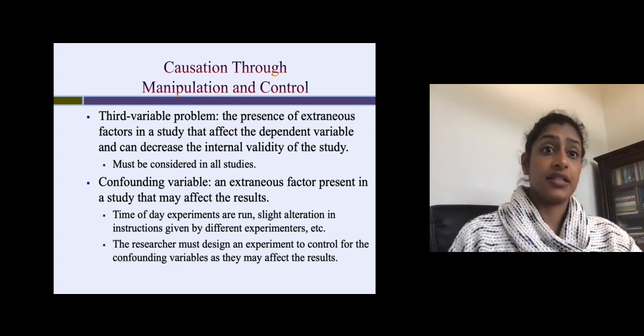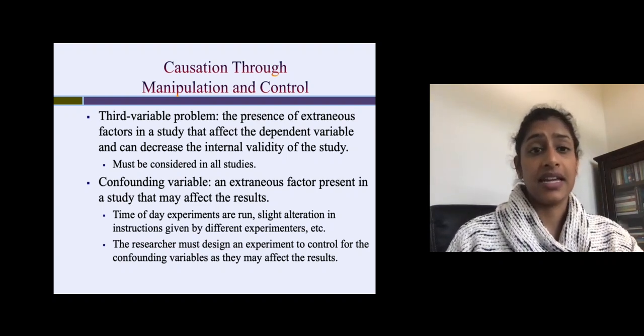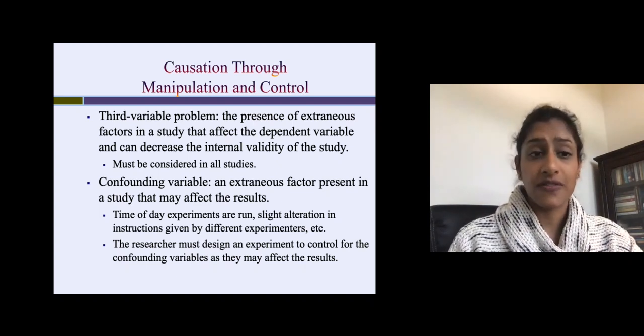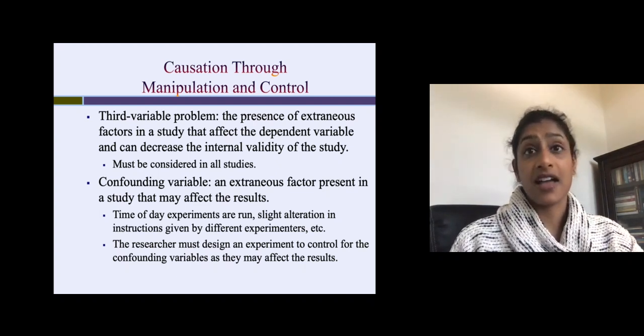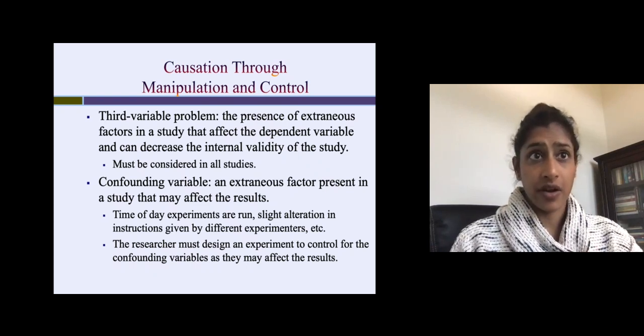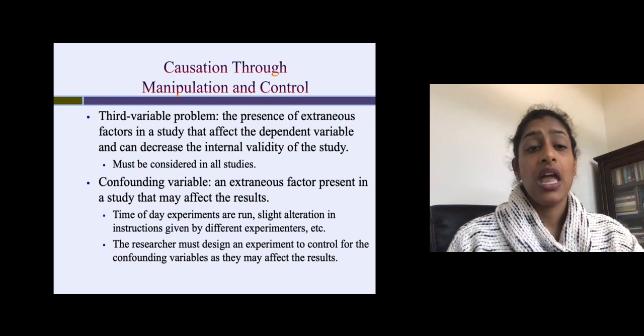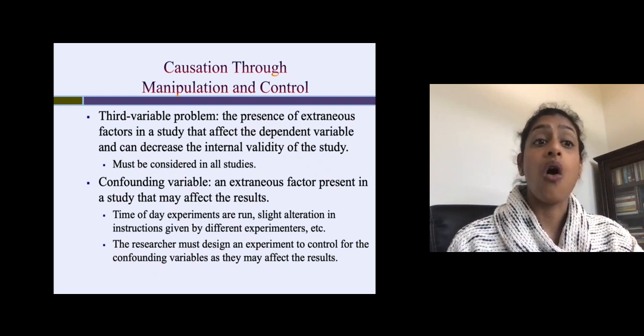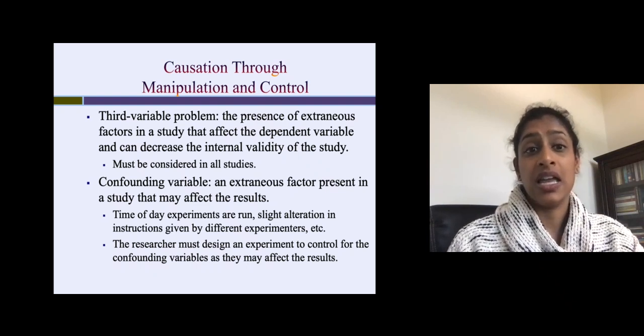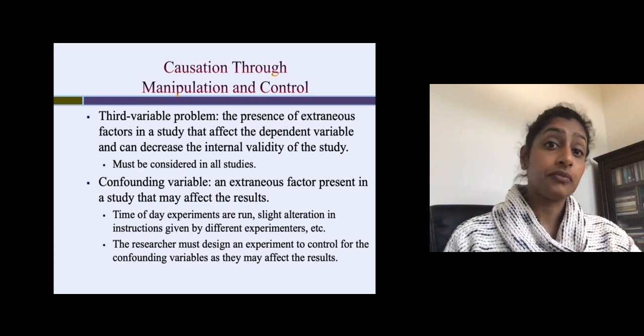A third variable is defined as the presence of an extraneous factor in a study that affects the dependent variable and can decrease the internal validity of a study. We have to consider all third variables in any relationship.